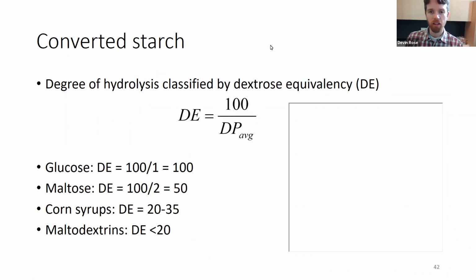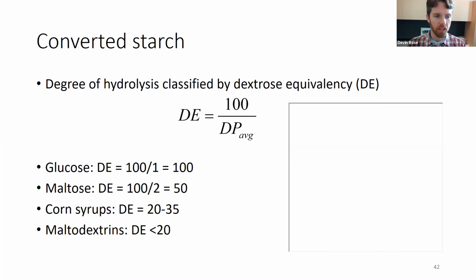So we ended last time talking about degree of dextrose equivalency. And I went through it, but I think maybe it was a little fast. So the equation for dextrose equivalency is very simple. It's 100 divided by the degree of polymerization.